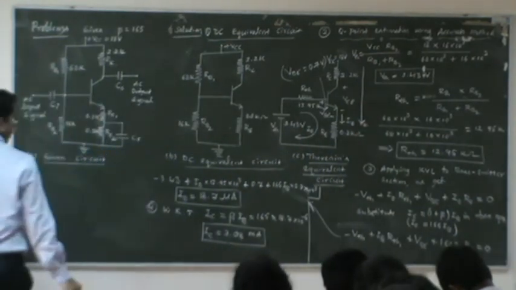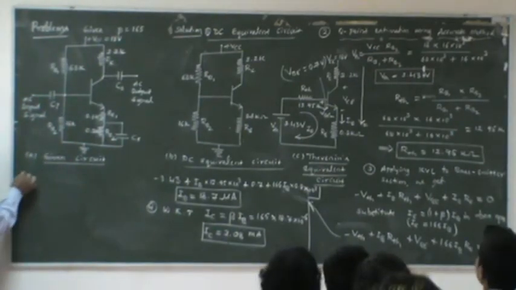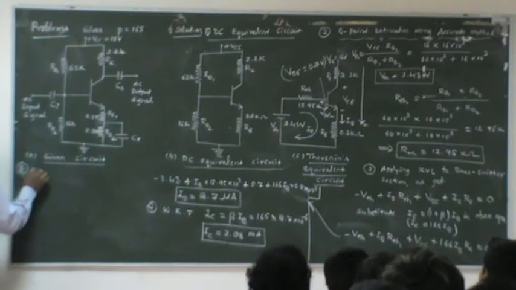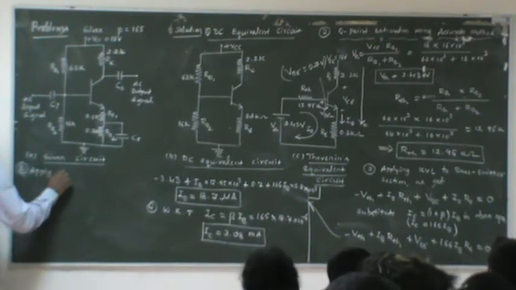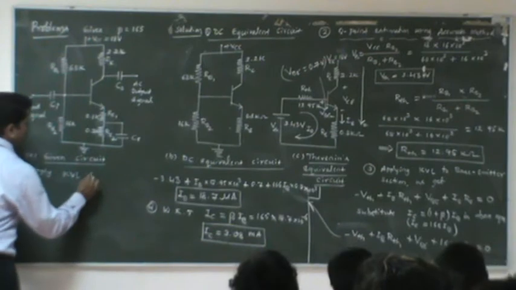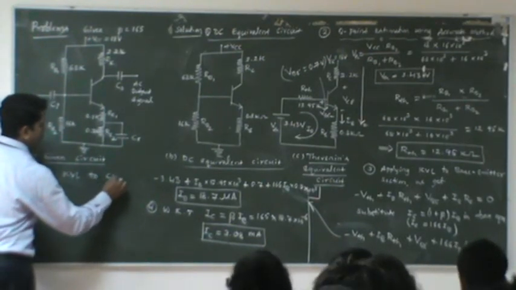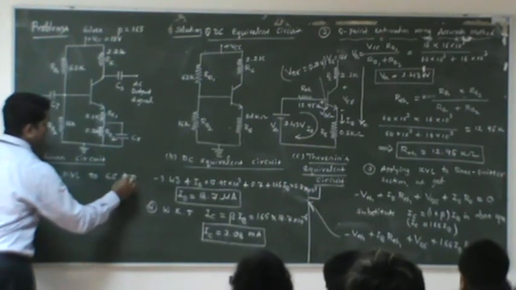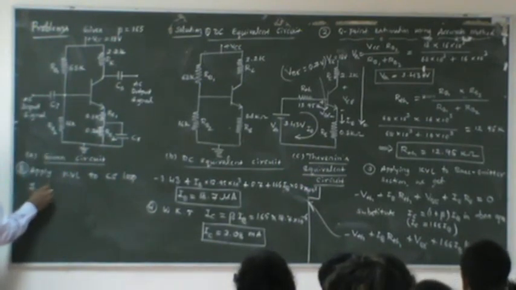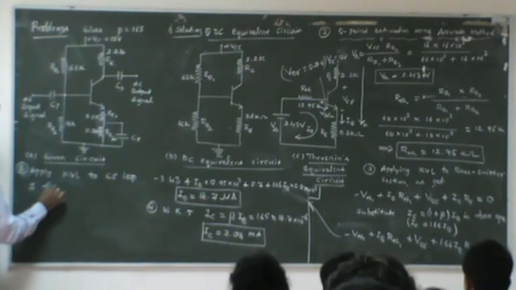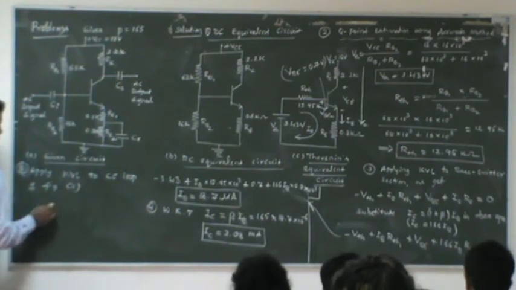Let's call this figure C. Apply Kirchhoff's voltage law to the collector emitter loop of figure C.